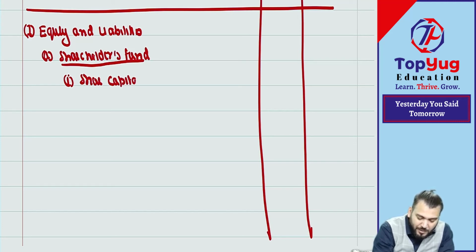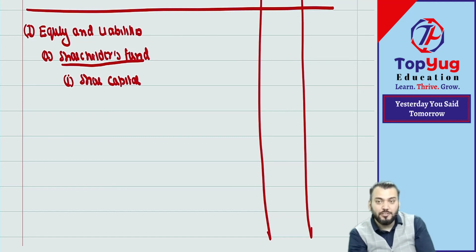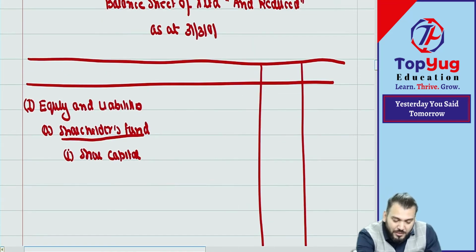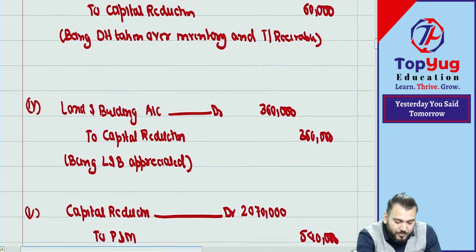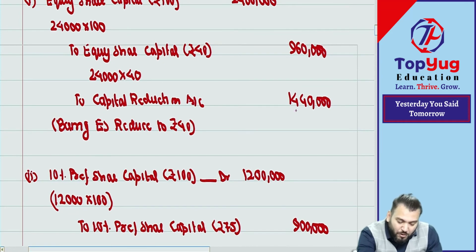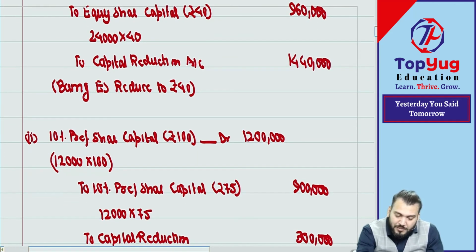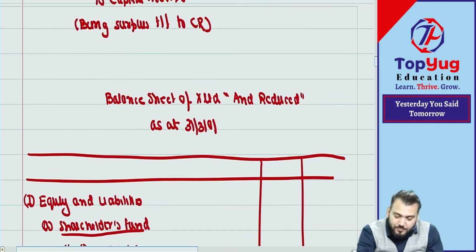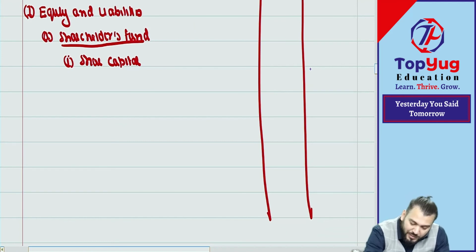So under Share Capital, now Equity Share Capital, new Equity Share Capital and new Preference Share Capital will come. So what is the amount of that? Already we have written in the first and second journal entry. It is 9 lakh 60,000 plus 9 lakh means 18 lakh 60,000.